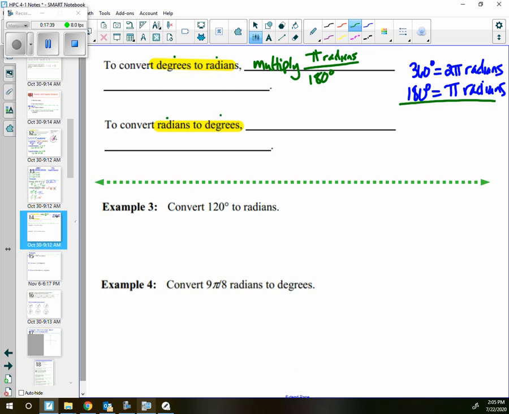So to go from radians to degrees then, you're going to multiply, same idea, but by 180 degrees over pi radians. And just kind of a cool thing to do, go ahead and divide that 180 divided by pi. So that 1 radian then, it's equal to, if you divide that out, 57.3 degrees.